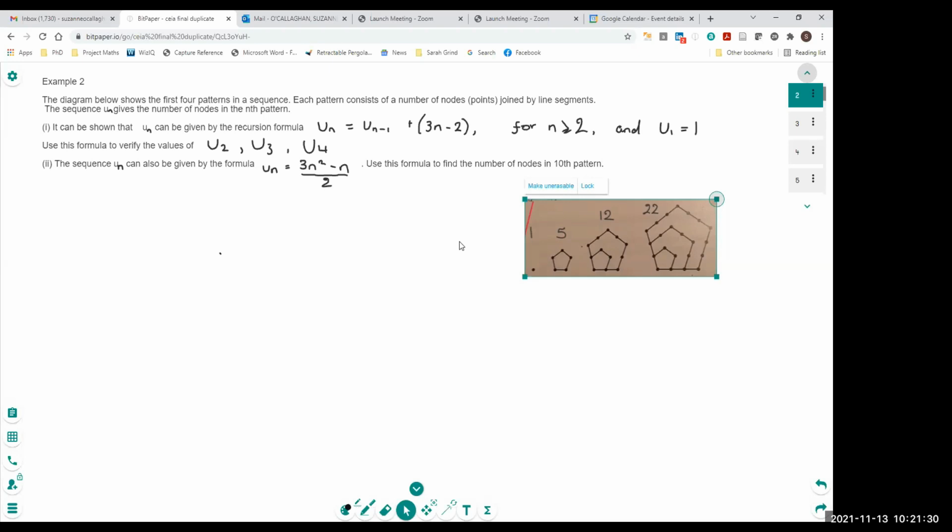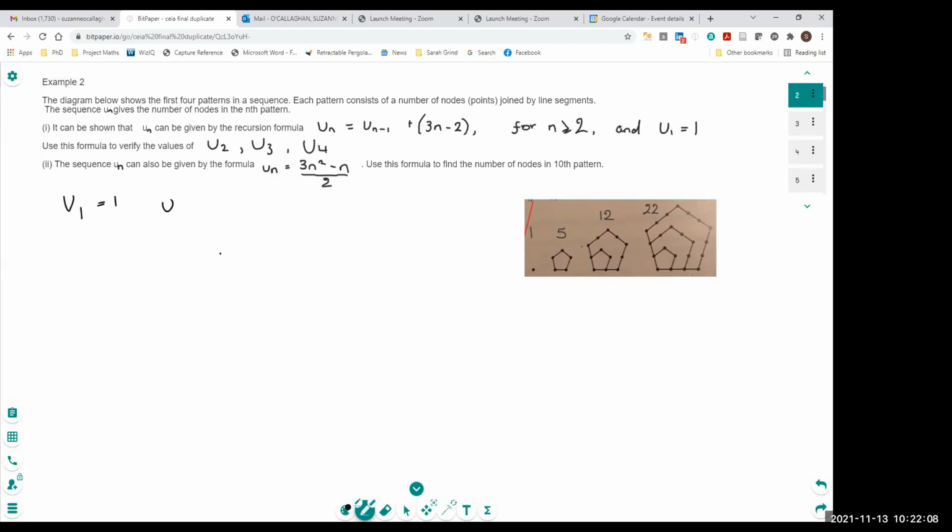So again, there's a pattern developing here. So the question is, it can be shown that u of n can be given by the recursion formula u of n is equal to u of n minus 1 plus 3n minus 2. So again, u of n is based on knowing u of n minus 1, for n greater than 2, and u of 1 is equal to 1. So what they've given us is u of 1 is equal to 1.